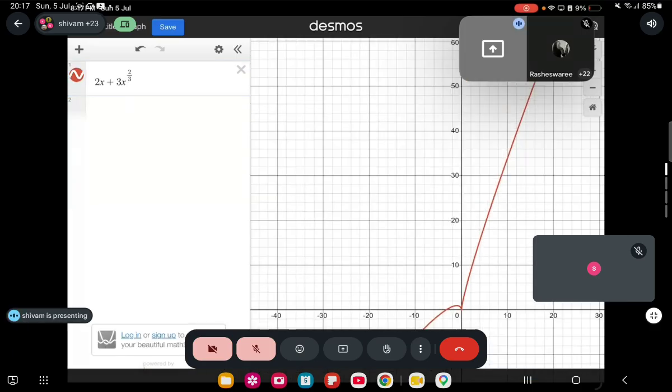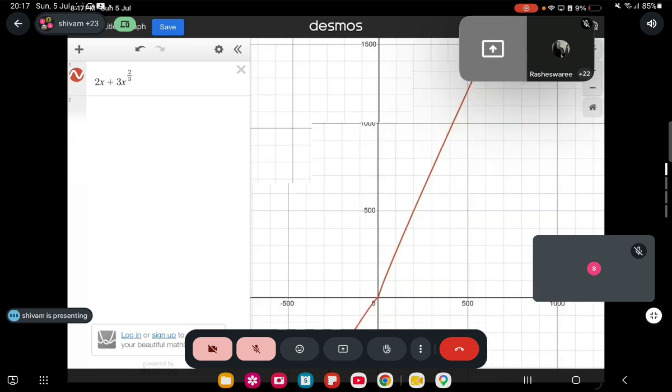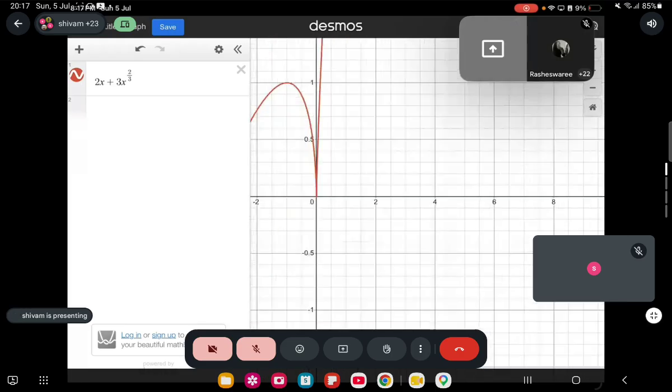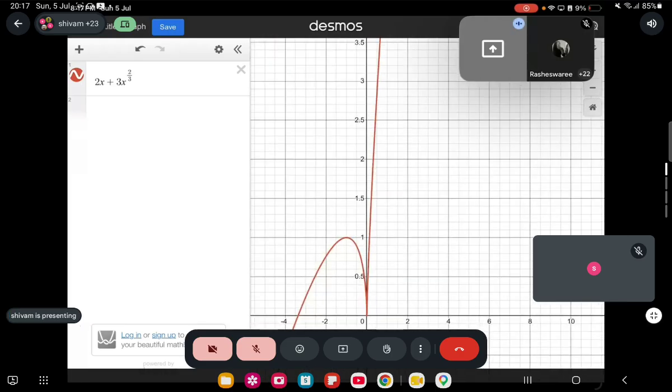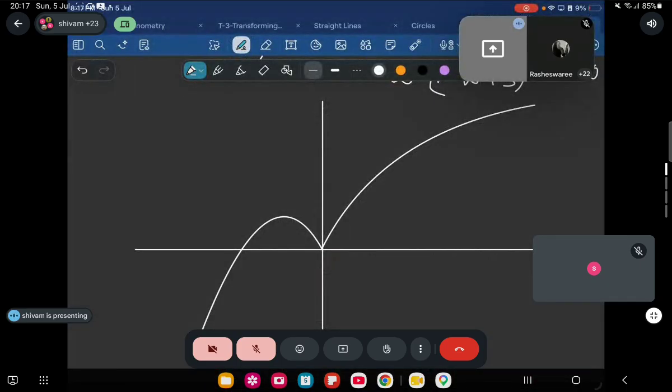This one is concave up only, and goes like this up to infinity. I hope you people can understand. Is it clear, everyone? Okay, at 0 it is not differentiable. Anyways, so we are getting maxima at x equal to -1 and minima at x equal to 0.